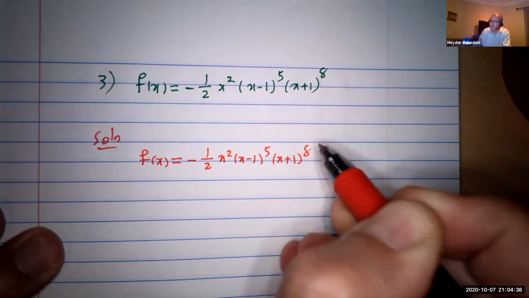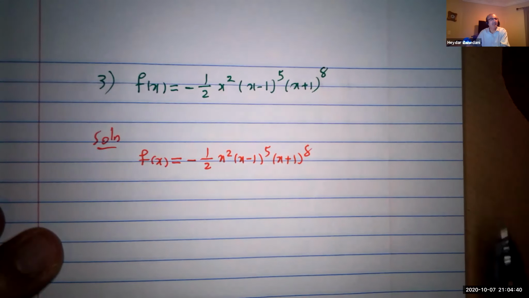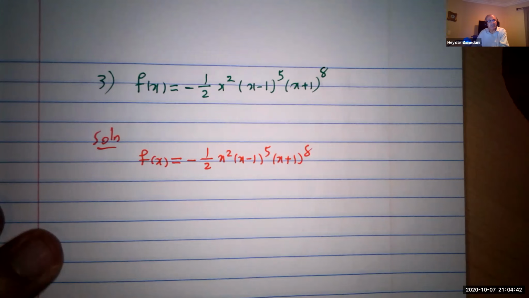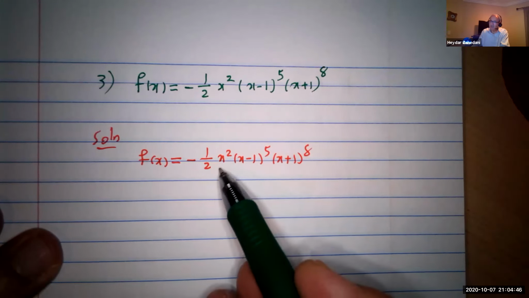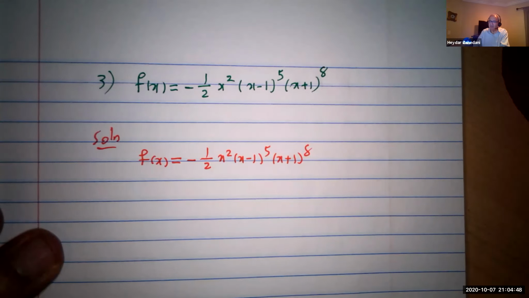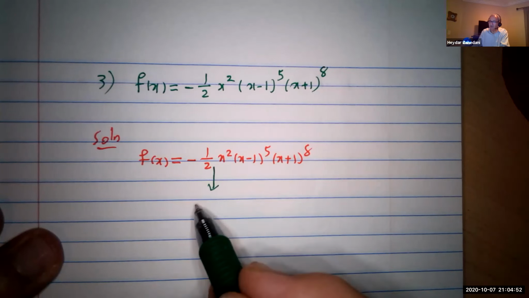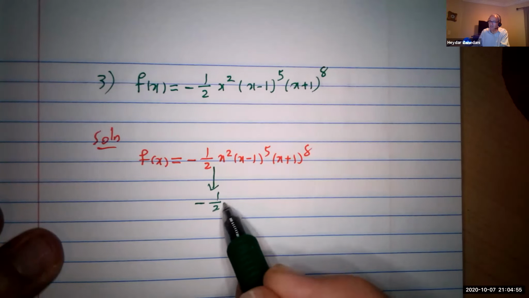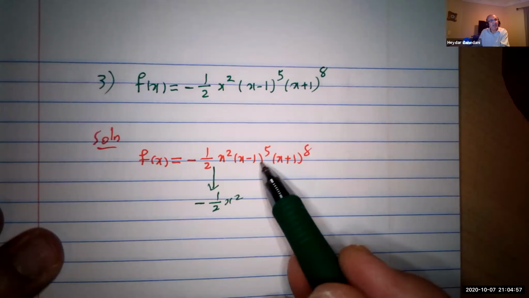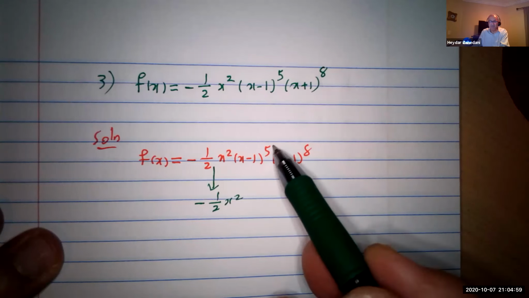When we multiply it, how are we going to get the term containing the highest power of x? You are going to get it if you multiply the highest power of each factor. The highest power that you get over here is just negative 1/2 x squared. Over here, the highest power that you get is x to the fifth.